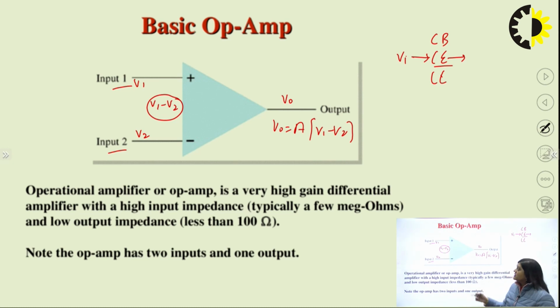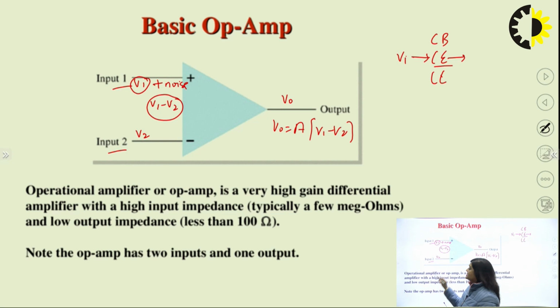Suppose a singer is singing a song, and that song has some noise also. The noise is added at both terminals, input 1 and input 2. With the signal V1 there is a noise, and with the signal V2 there is the same noise.